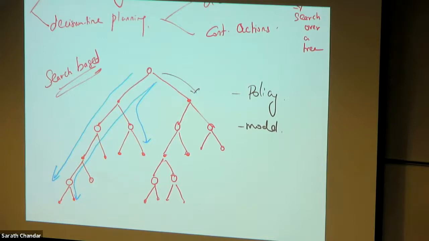There are many scenarios possible. But in general, to do this search, you need the policy and the model. So if you have access to both, then you can try to look ahead and have an estimate of what happens.